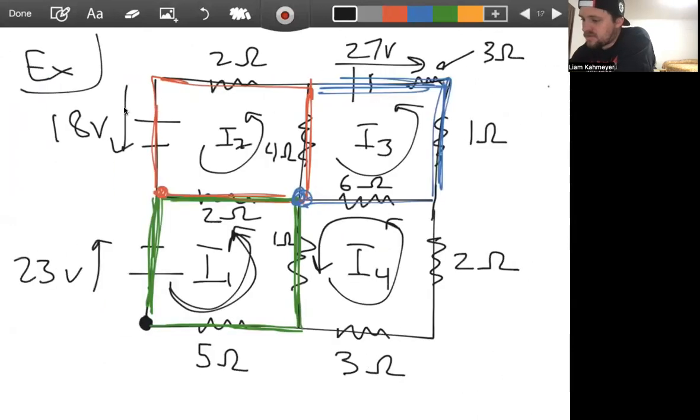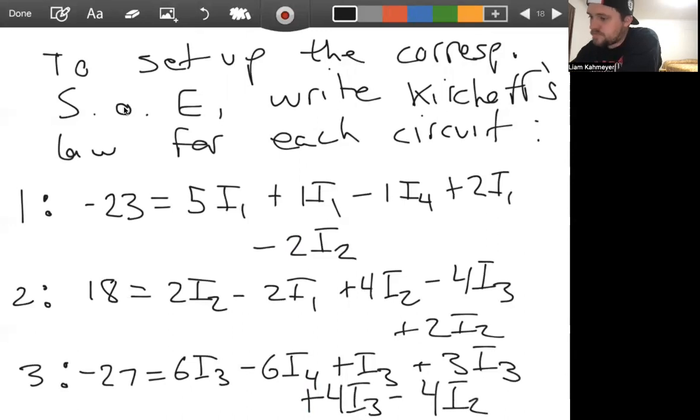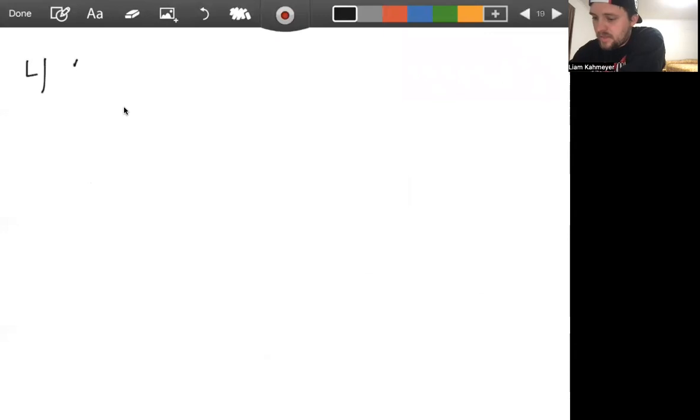And then for the last piece of this circuit, we have that resistance of 4 ohms there. So it's going to be plus 4I3 minus 4I2.